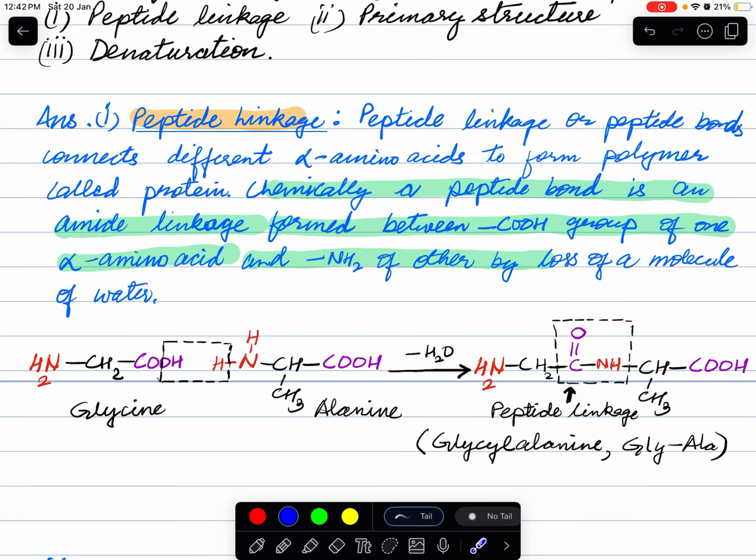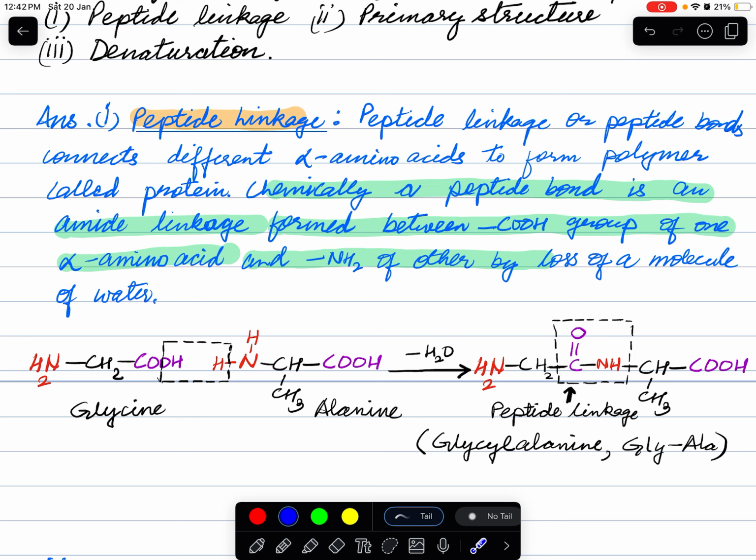This is a molecule of glycine and here we have a molecule of alanine. We can have a peptide linkage between the same type of amino acid, but here we have taken an example of two different ones. This is the carboxylic acid group of glycine and this is the amino group of alanine.